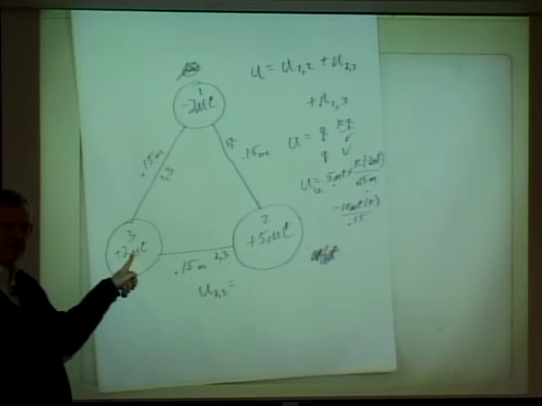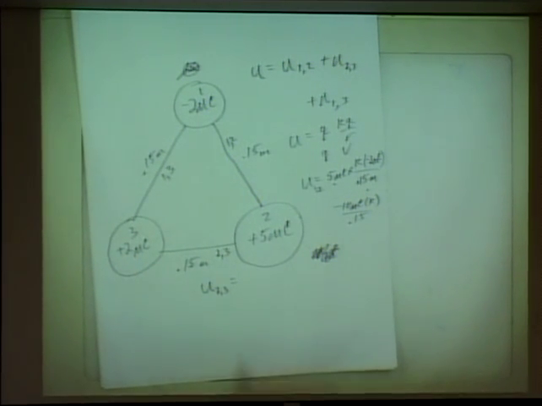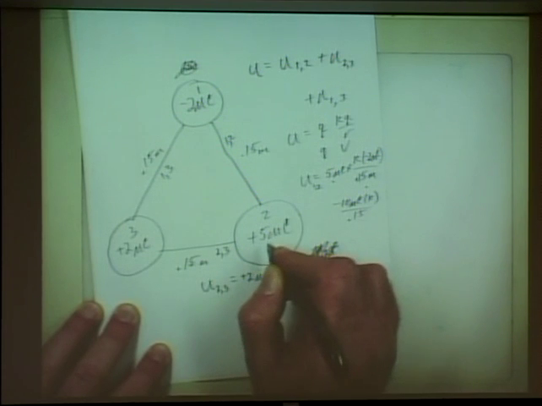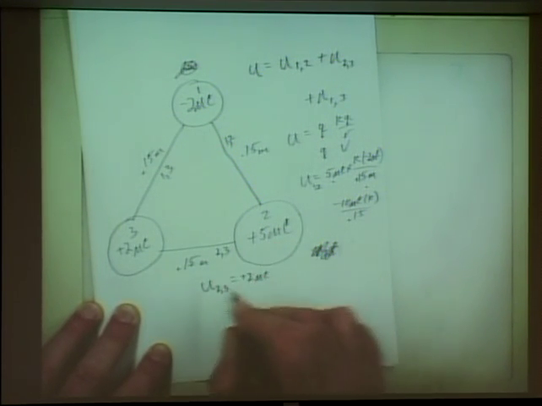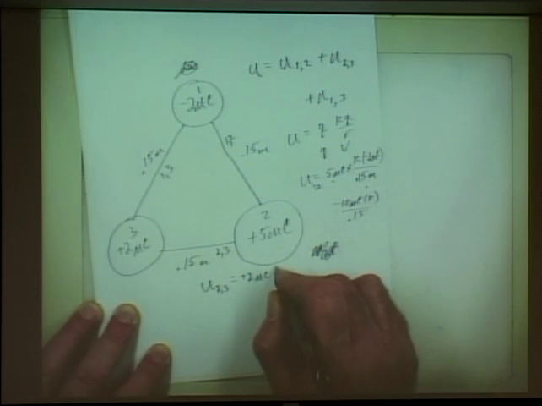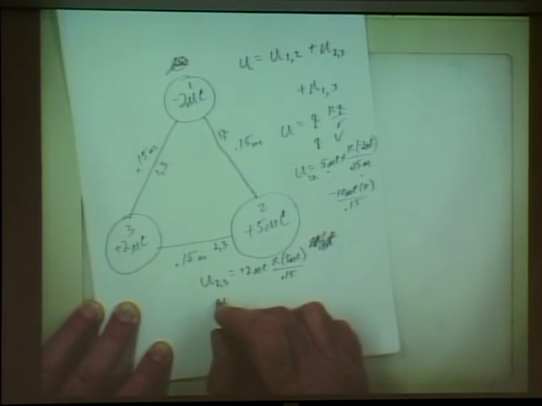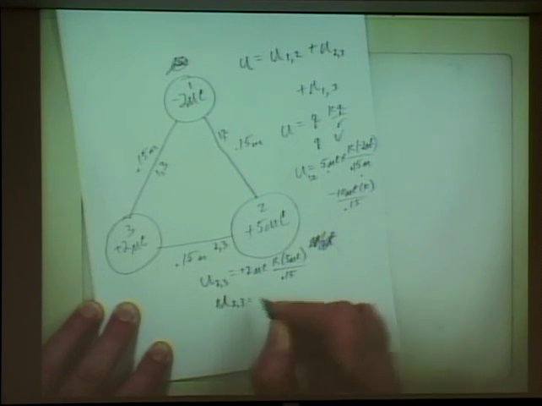That's what we're doing. So I'm going to take charge 3. He is positive 2 microcoulombs times the potential caused by 2, which would be K times 5 microcoulombs over 0.15 again. And so U23 is equal to 10 microcoulombs times K over 0.15.